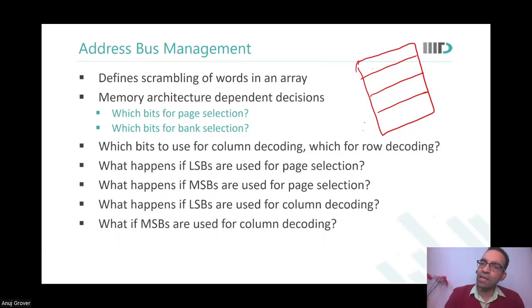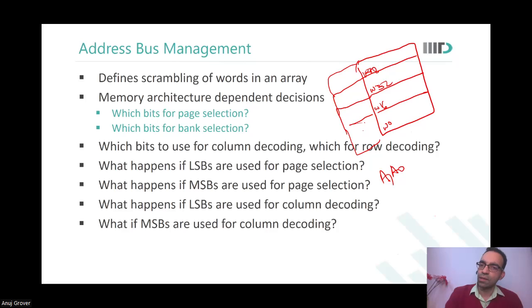Now let us say these are my banks. Suppose I want to put word 0 here, word 1 here, word 2 here, word 3 here. Which address bits do I need to use for bank selection? A0, A1, sir. Now, if I say word 0, word 16, word 32, word 48, which addresses?